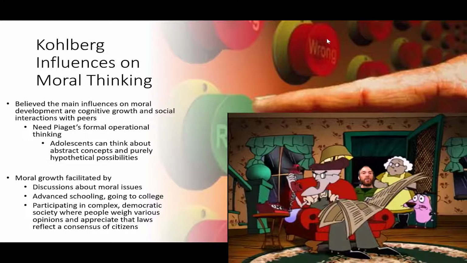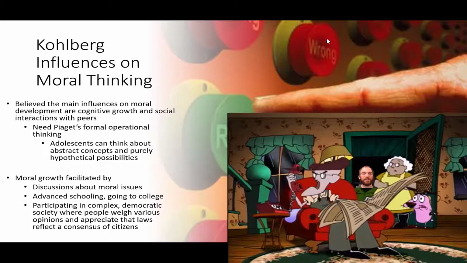And discussions about moral issues, again, this Western idea that we're going to debate things, we're going to talk about things, and through these debates, as a society, that's how we grow, that's how we develop. And then participating in complex, quote, democratic societies. What exactly that means for Kohlberg is generally just the Western view of democracy, wherein there are markets and citizens participate in quote-unquote democracy through representative democracy, so voting once in a while.